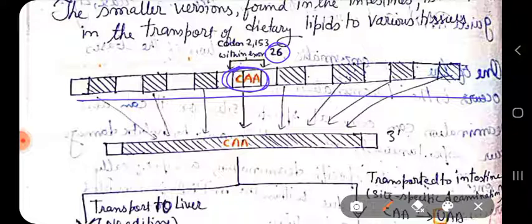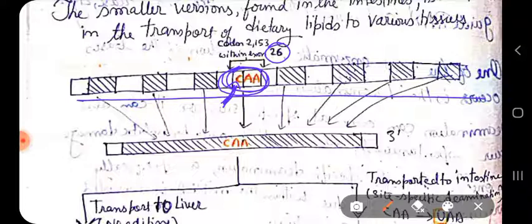So if this is the 26th codon found within the exon, this C that you are going to see here is going to be deaminated by the cytidine deaminase enzyme. Now, this is occurring within the intestine, not in the liver.